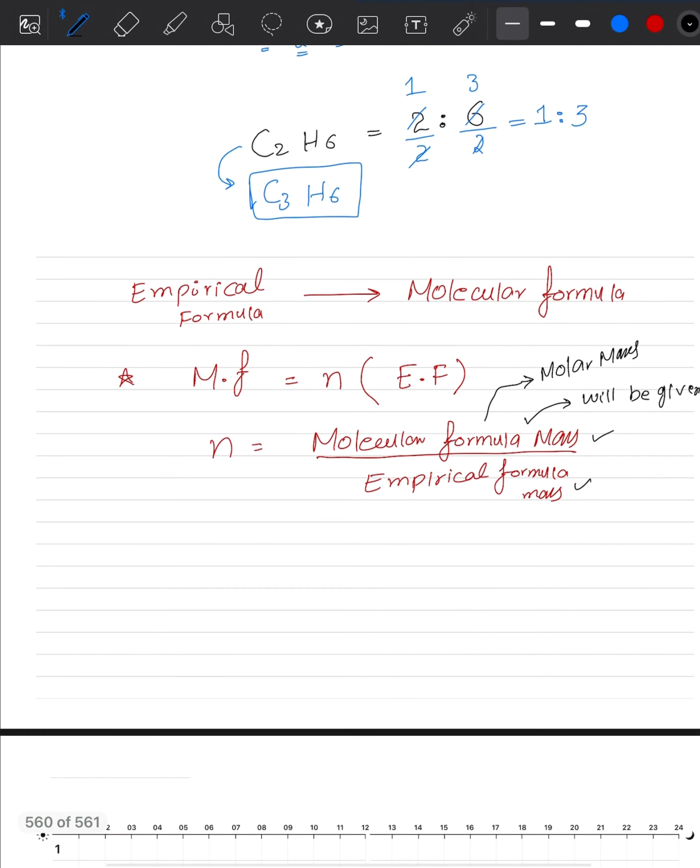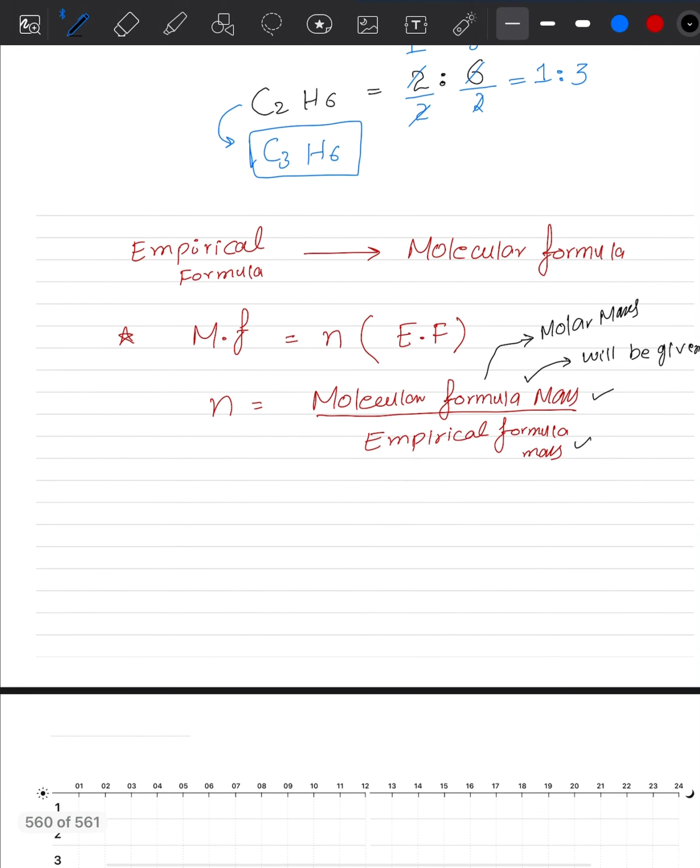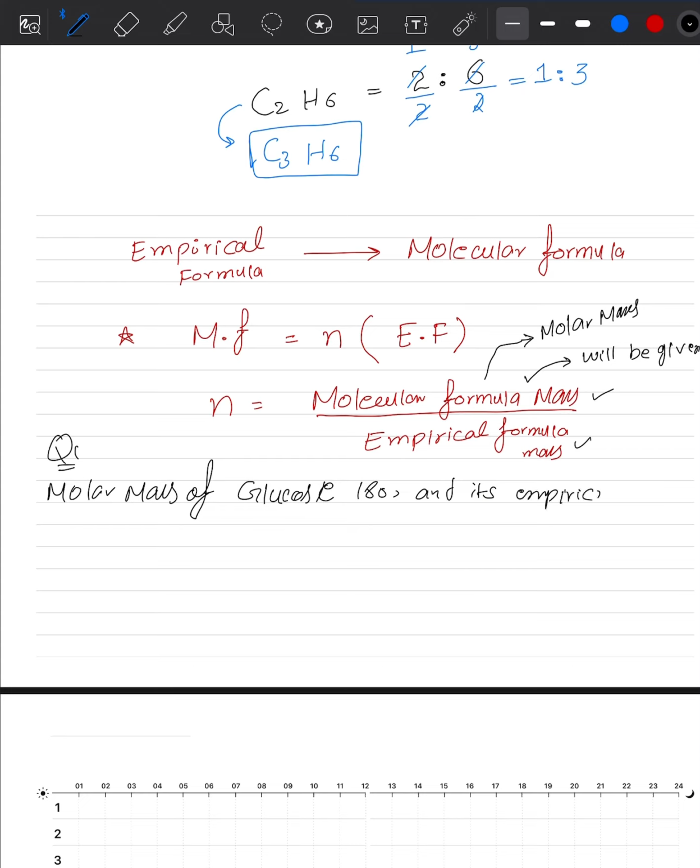By using the value of n, we can get the molecular formula of the compound. Let's say for glucose, this is the practice question: the molar mass of glucose is 180, and its empirical formula is CH2O.